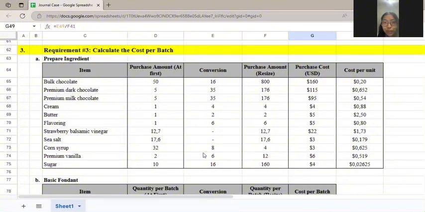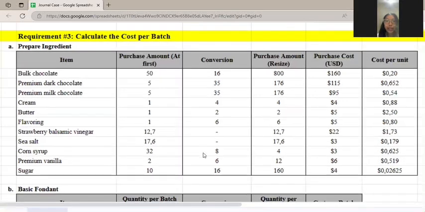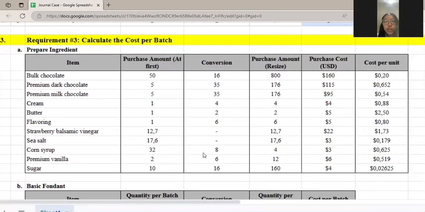Can you please zoom a bit? Okay, thank you. So we should calculate the purchase amount, resized. The formula is just to multiply the purchase amount at first with the conversion, and the cost per unit is divided by, could you please click the formula of the cost per unit for milk chocolate?